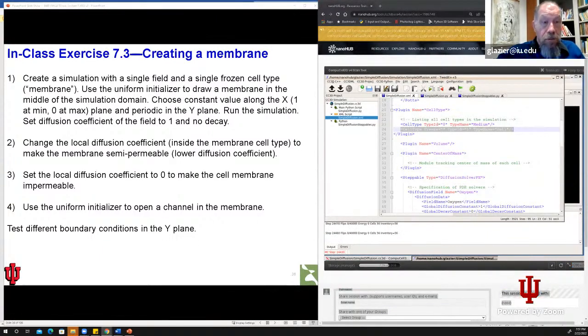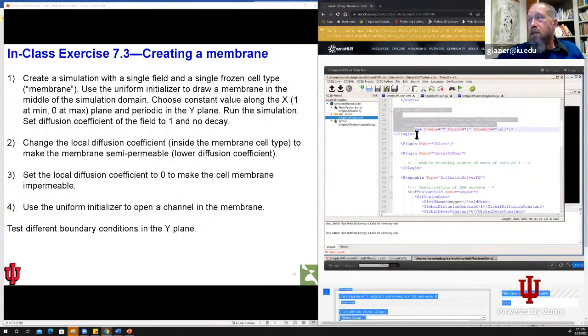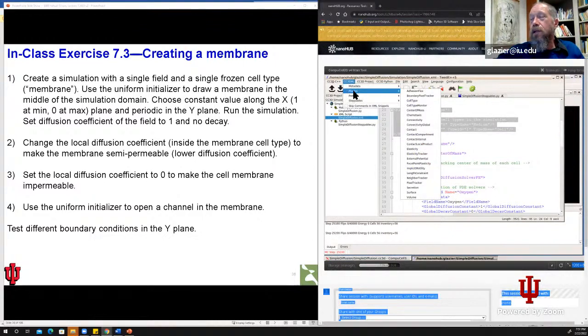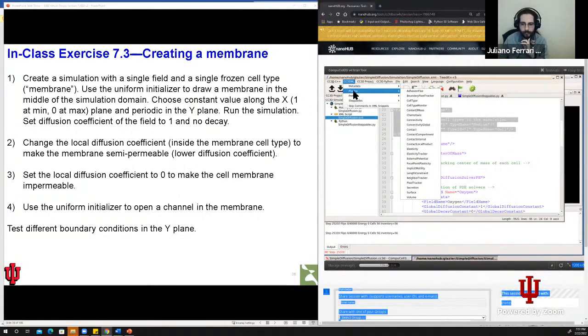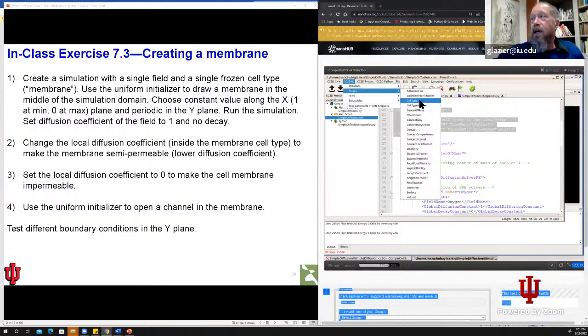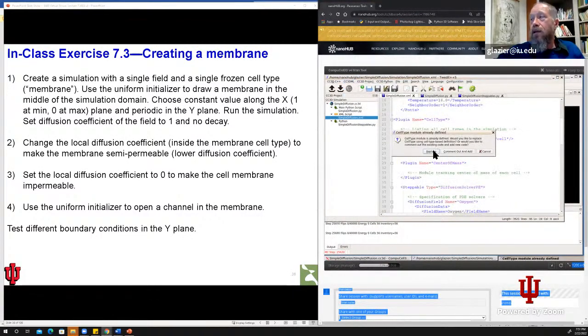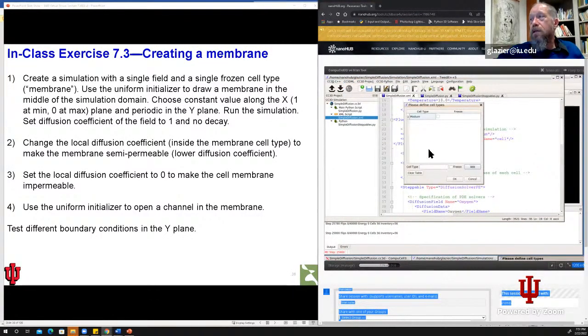As Giuliano helpfully pointed out, if you forget the syntax, you can go in here, select the plugin, go to CC3DML, go to plugin, go to cell type, and then you can do replace, and it gives you the wizard to redo it.